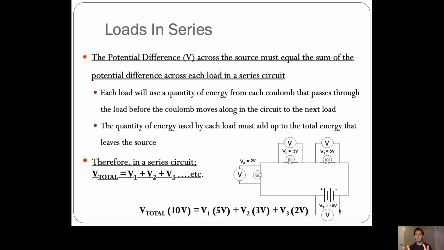And I think that makes sense, right? Whatever energy you start with at the beginning, that potential difference, it's got to be equivalent to the energy that you use across the circuit. But because different loads might have different requirements, the voltage in each load might be different. Okay, the potential difference might be different at each load, but all of them must add up to the voltage at the source. Okay.